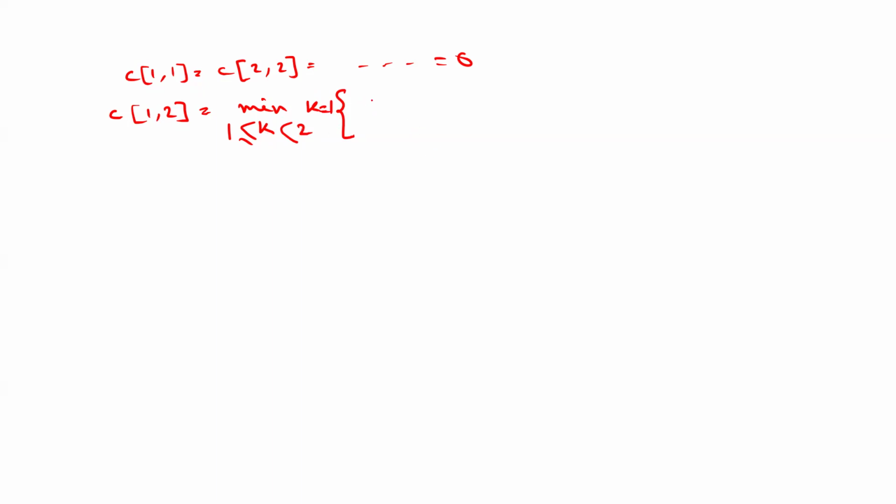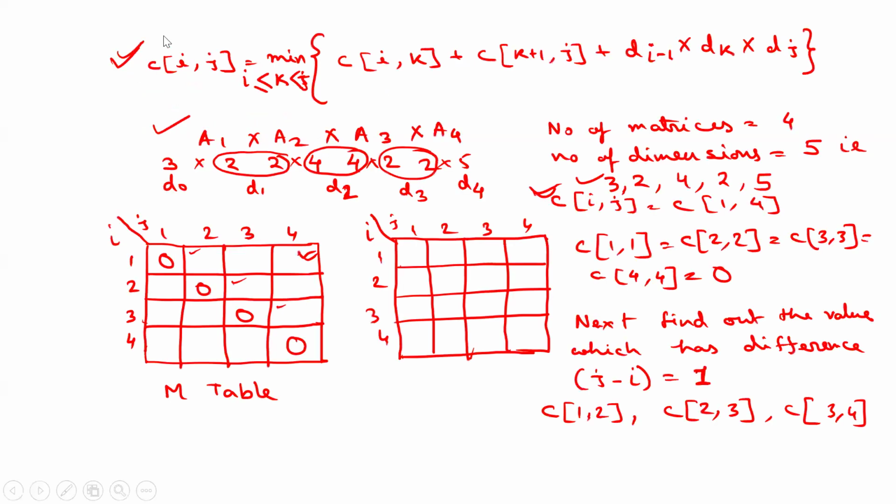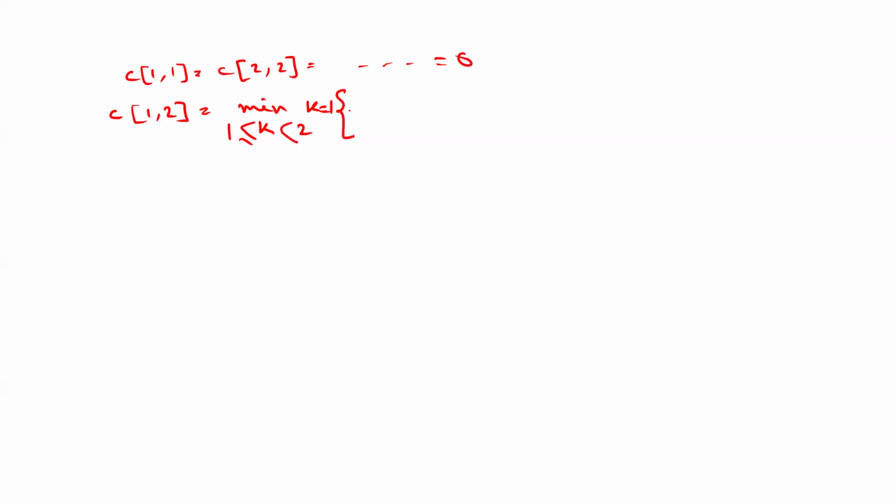So what is the formula that we know? Cik plus Ck+1,j plus d(i-1) multiplied with dk into dj. So Cik, where i is 1 and k is also 1, plus Ck+1, that is 1 plus 1 is 2, j is 2, plus d(i-1).